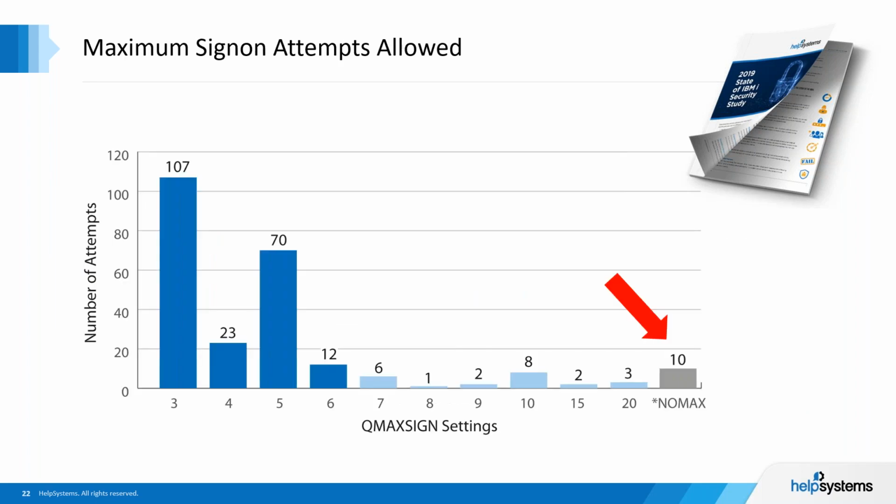Permitting a number of attempts to occur before an action is taken is another solid aspect of IBM i security, but in far too many instances, we see where the number of attempts allowed is far in excess of what should be permitted. Now, most regulations allow 3 to 5, and the good news is many of us are adhering to that. But here we had 10 systems that said, no, we're just gonna let you keep trying until you get in.